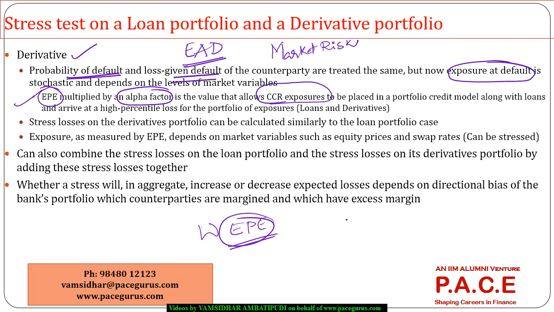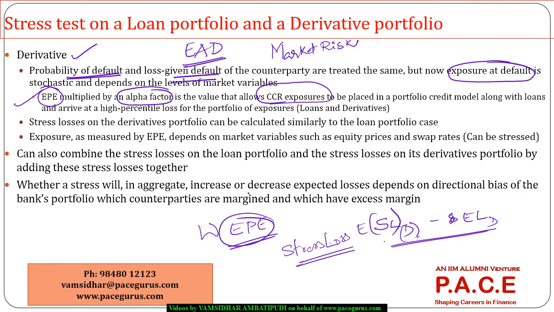I also have an expected loss before stressing. These two will give me the stress loss. So the expected stress loss on the derivative minus the expected loss on the derivative without the stress will give me the stress loss of the derivative portfolio.